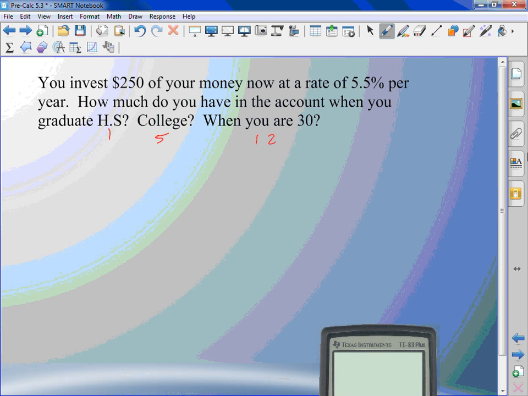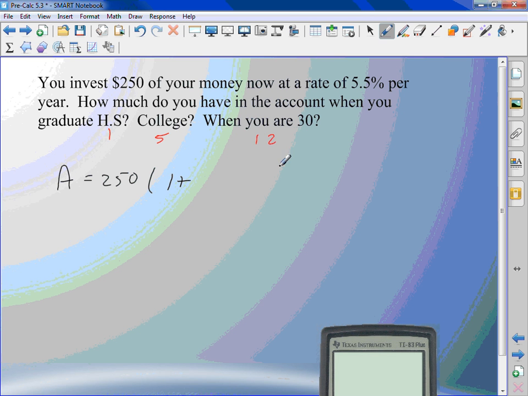The way we set this up: A equals, how much money did I put in the bank? 250, times 1 plus, now this is where you have to be careful. What's my interest rate? 5.5%.